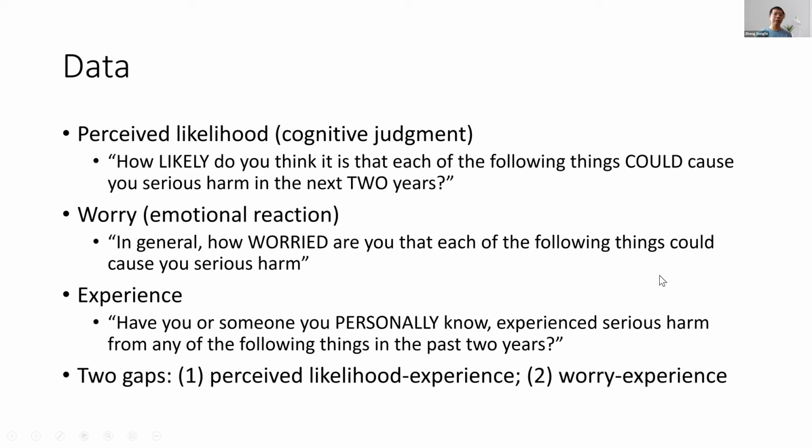And the second one is about worry, asking, in general, how worried are you about each of the following things that could cause you serious harm? So worry is yet another dimension of risk perception. It can capture a sense of emotional reaction to the potential risk. And the third one is about experience, asking whether you or someone you personally know experienced serious harm from any of the following things in the past 2 years.